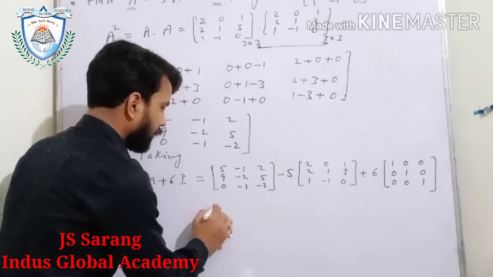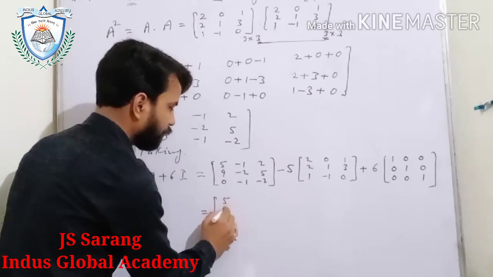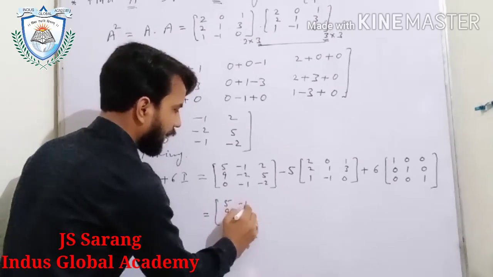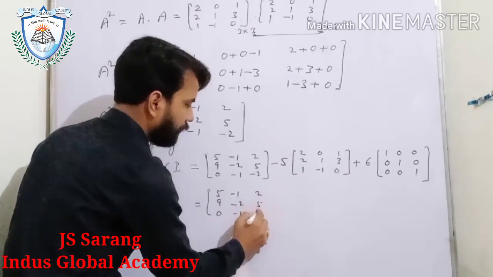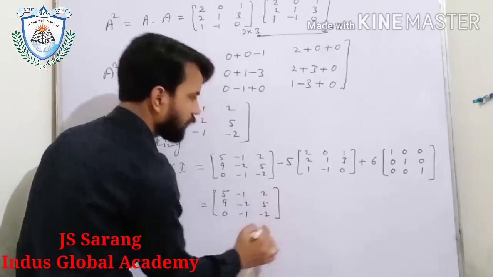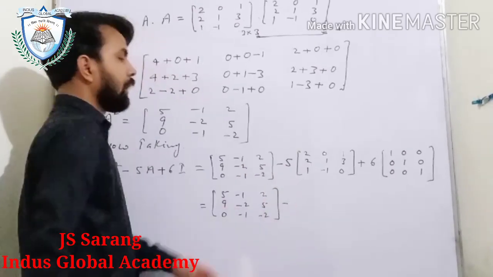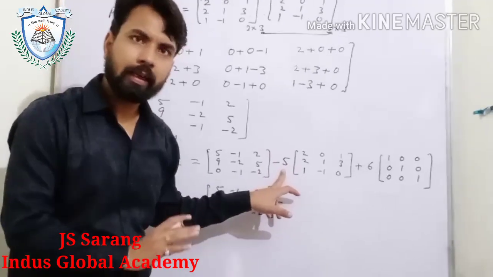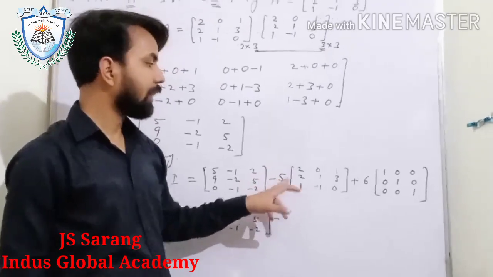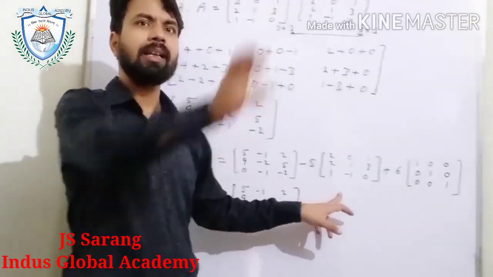How? The first matrix will remain the same: 5, 9, 0, minus 1, minus 2, minus 1, 2, 5 and minus 2. Now minus, because this 5 is a scalar, and the product of a scalar and a matrix I explained in my last video.